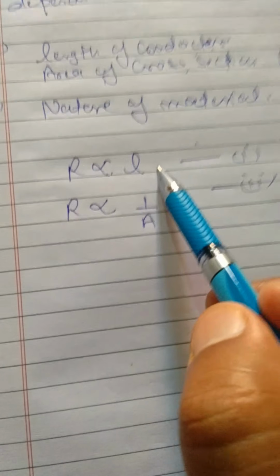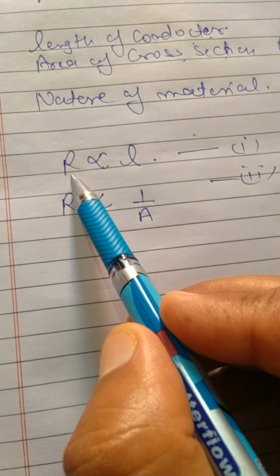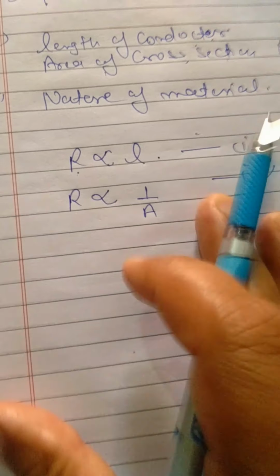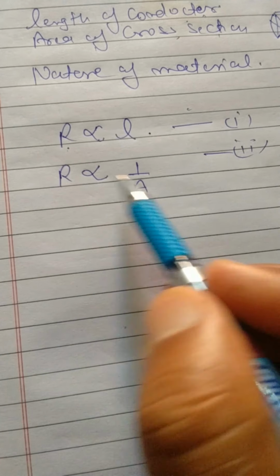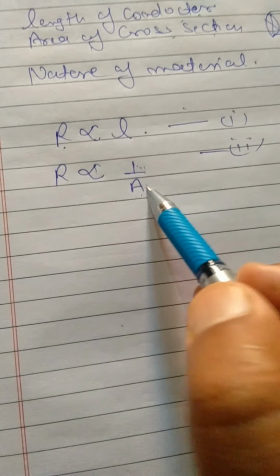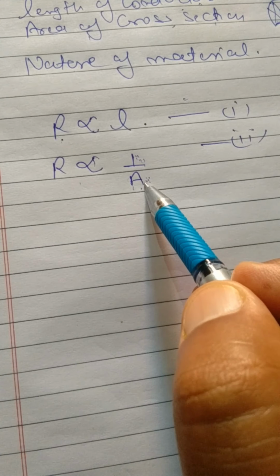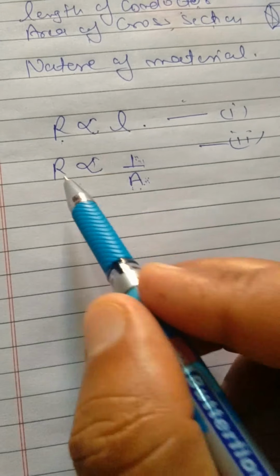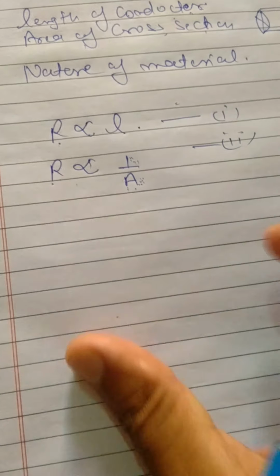It means that if the length is increased, resistance also increases. Inversely proportional means 1 by. Resistance is inversely proportional to the area of cross section. If this decreases, this will increase. If this increases, this will decrease.